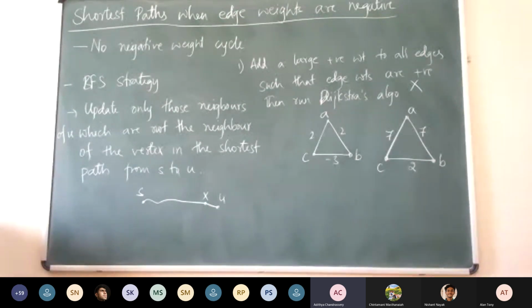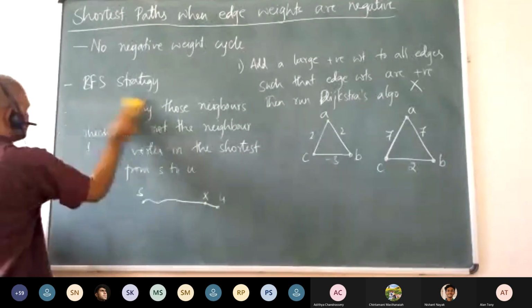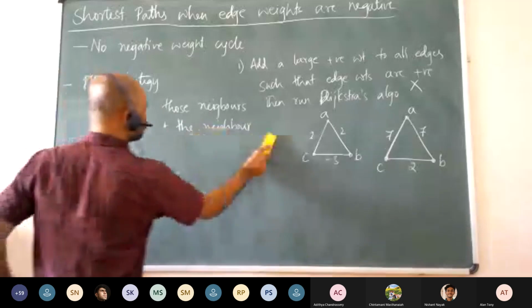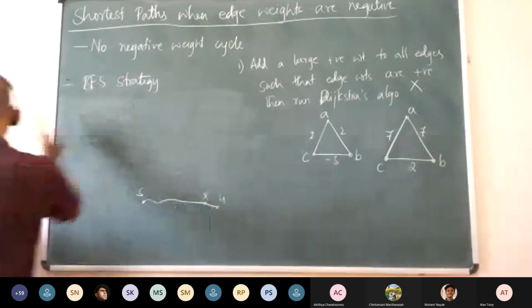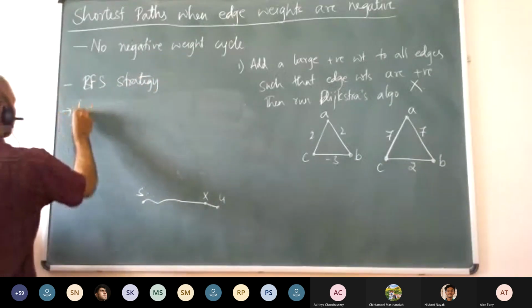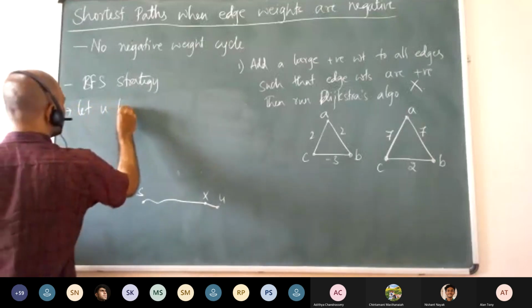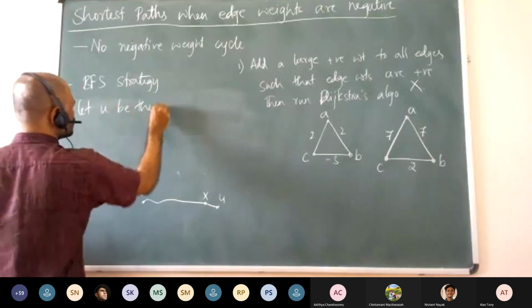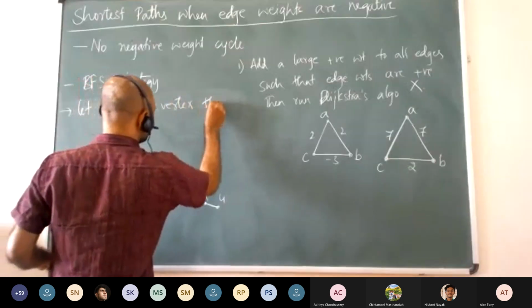Okay, so should we rephrase it a bit differently? Yeah, maybe. Let me write it. Let U be the vertex that is being processed.